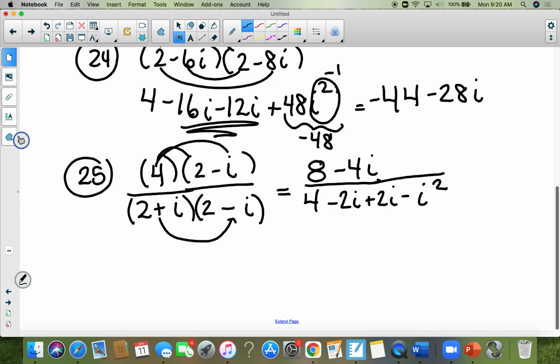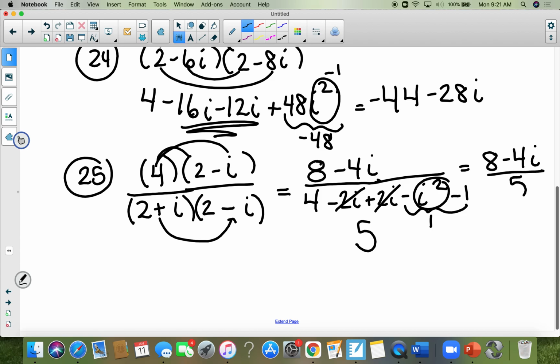And since I changed the plus to a minus, the middle i's will cancel each other out. i squared is a negative 1, so a negative of a negative 1 ends up being a positive 1. So you're going to end up with 4 plus 1, which is 5 on the bottom. Final answer, 8 minus 4i divided by 5. And you cannot simplify that because none of those three numbers have anything in common with each other.